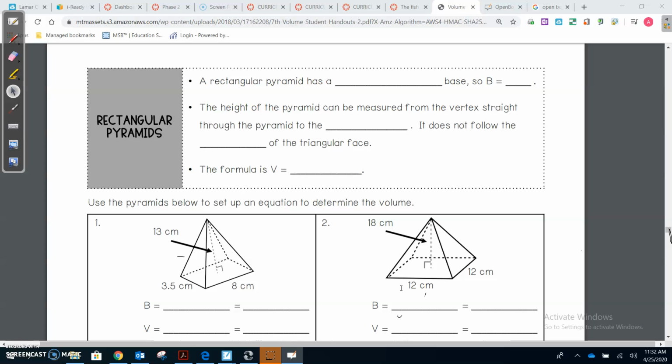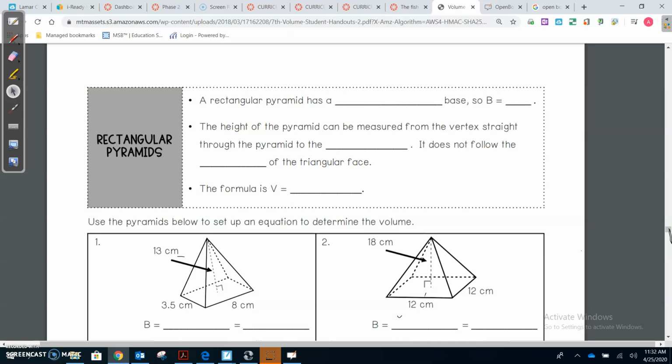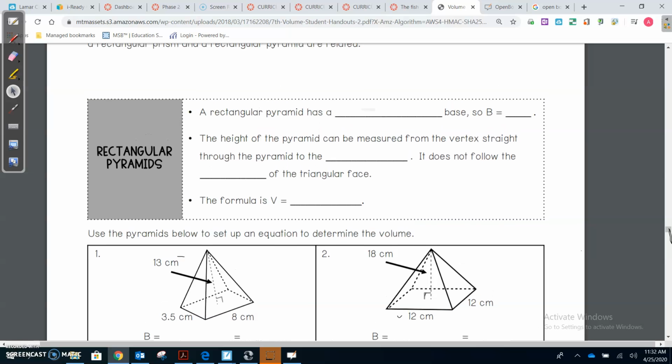So, rectangular pyramids. A rectangular pyramid has a rectangular base. I'm going to just draw it because it's going to be a little bit easier. Pretend that's a rectangle.